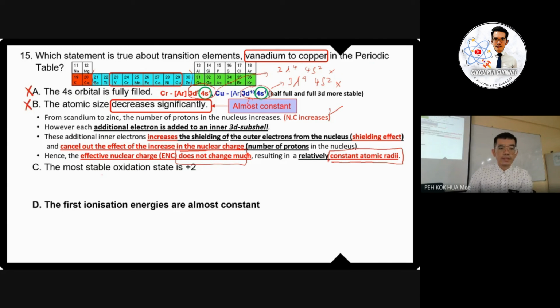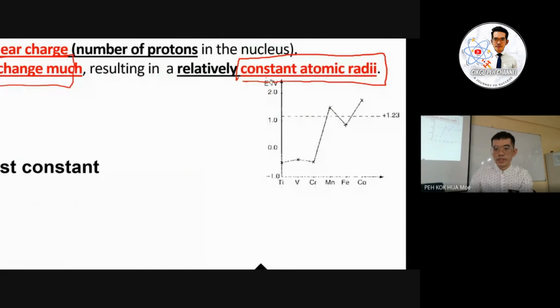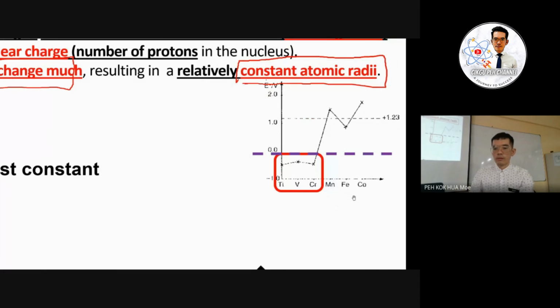Okay, so this one is wrong. And then C, the most stable oxidation state will be +2. This one is also wrong actually. You can observe this graph. This is the E0 value for the transition metals here. Here we have a line which is 0, so a value below 0 is negative.